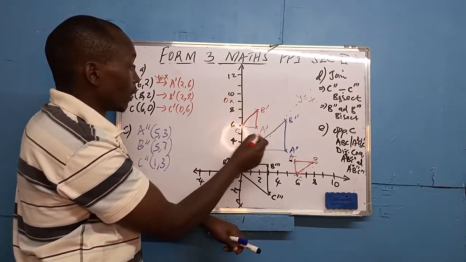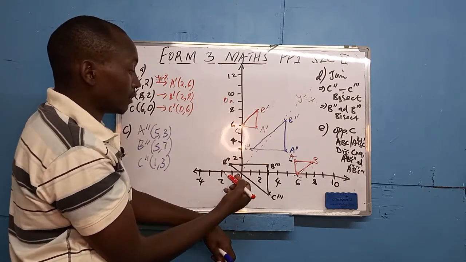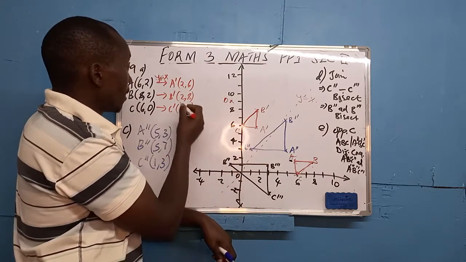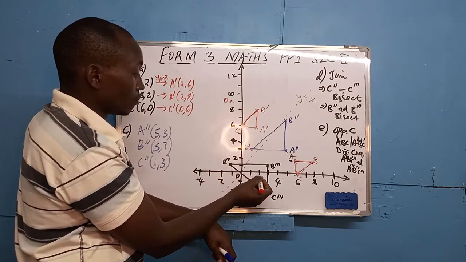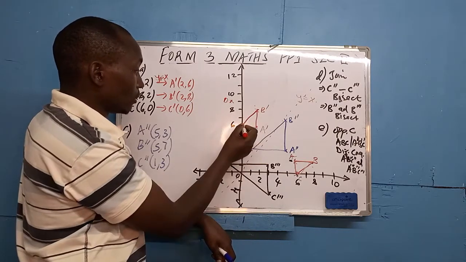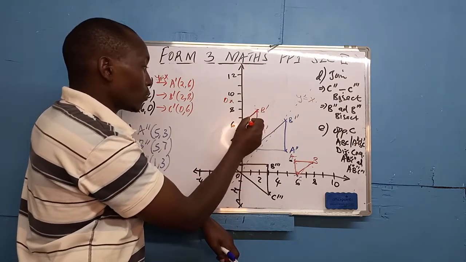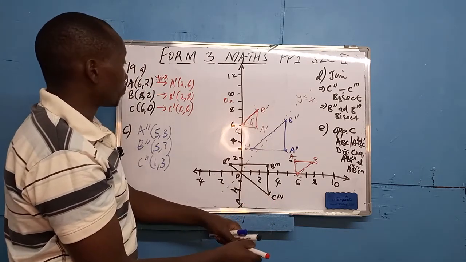The image of A is at (2, 6). This is just a good guide. The image of B is (2, 8). Then you plot appropriately. (0, 6), I plot, then I join. So this is the first image.